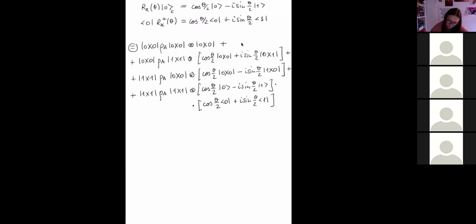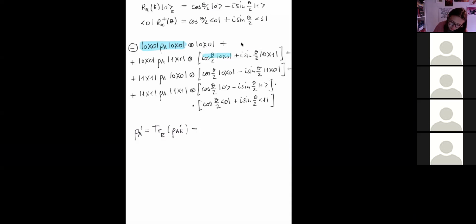So now what we do, we take this monster and we take its partial trace, tracing out the second system. So what we get here is, again, let us consider which terms actually survive from this monstrous expression. When we're computing the partial trace, we're only looking at terms which are tensor product with 0, 0 on E or 1, 1 on E. So the term which survives is this one, because it's tensor product with 0, 0 on the second system.